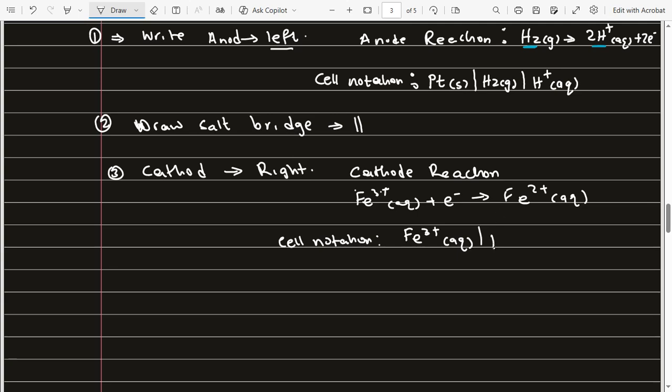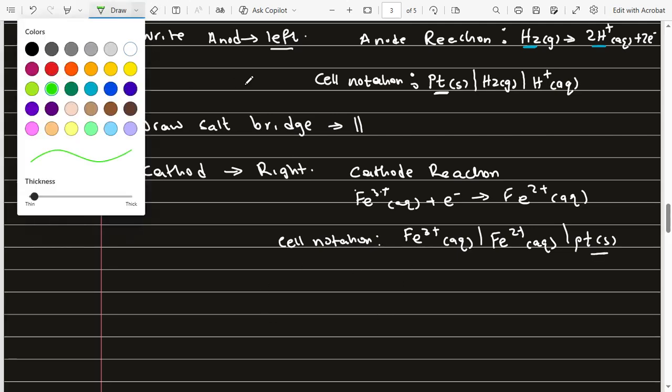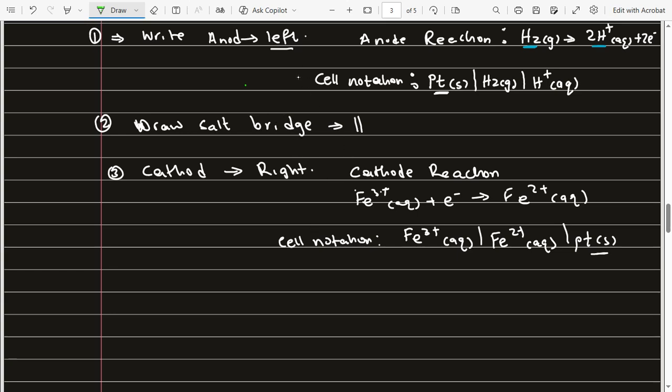This will be the Fe2 plus, which is also in aqueous solution. Then we draw that. Then you put the platinum at the end. So the trick here is that in the cell notation for the anode, you start with the metal, and you end with the metal in the cell notation for the cathode. Then you combine these two, with the first one on the left and the second notation on the right.